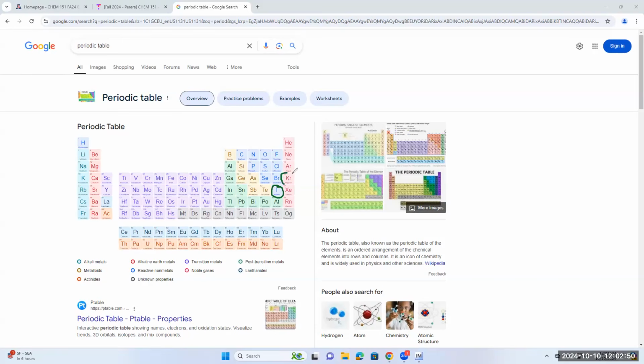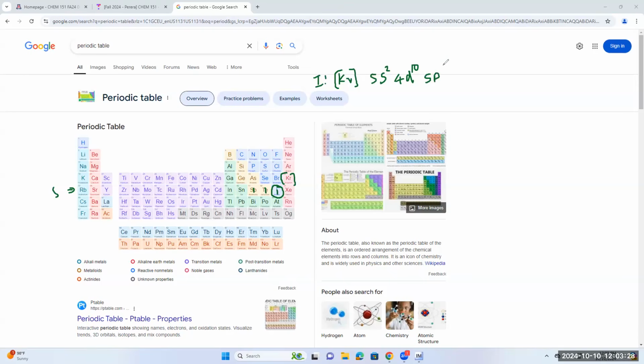So to get to iodine, we need to fill up to krypton. So iodine will have krypton core shell. And then after that, this is 1, 2, 3, 4. We are in the fifth shell. So we have 5s2. And then we have completely filled 4d, 4d10. And then in the 5p, we have 1, 2, 3, 4, 5 electrons.